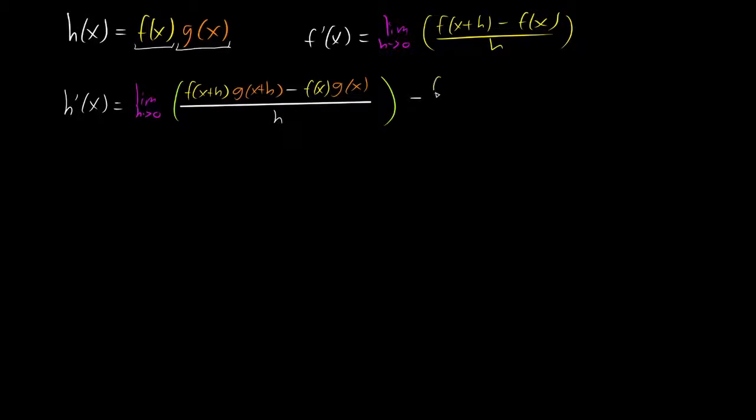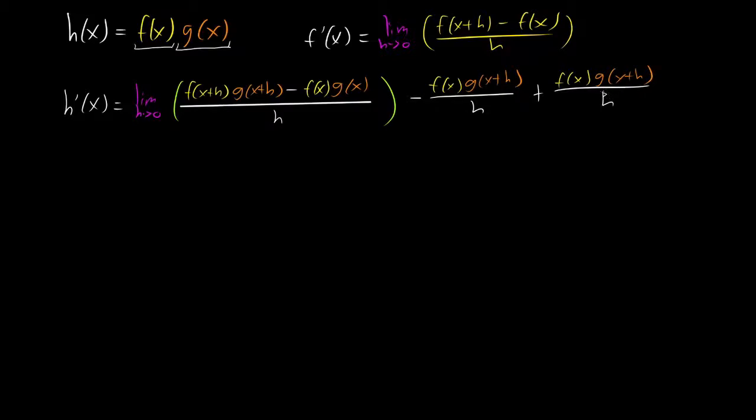So we're going to subtract f of x times g of x plus h all over h. Then we're going to add f of x times g of x plus h all over h.